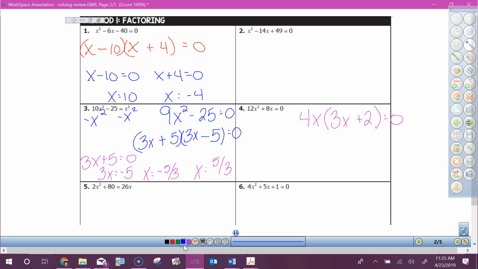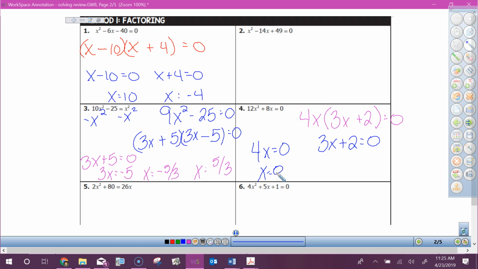Equals 0. Now I've got to set them both equal to 0. So 4x equals 0. 3x plus 2 equals 0. What do I have to do with this one? Divide by 4. So x equals 0, because 0 divided by 4 is 0.